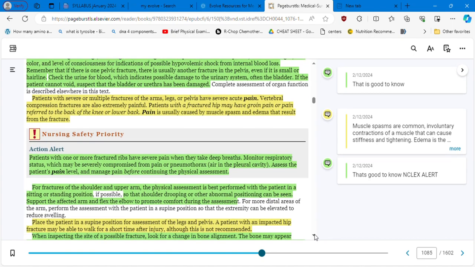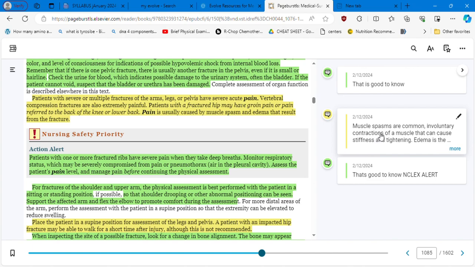So muscle spasms are common involuntary contractions. I am providing the definitions because whenever you go to NCLEX, you're going to find spasm, weakness, paresis, and you need to know the difference so you can answer properly, okay?